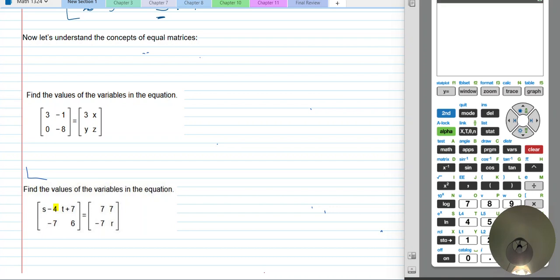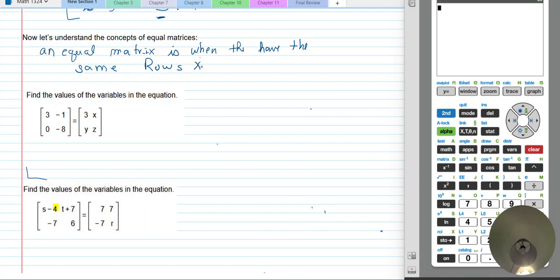So now let's understand the concepts of equal matrices. Well, that would be easy, right? Equal matrices are when they have the same rows by columns.